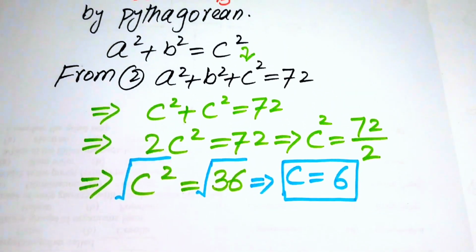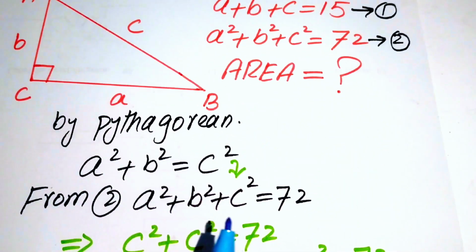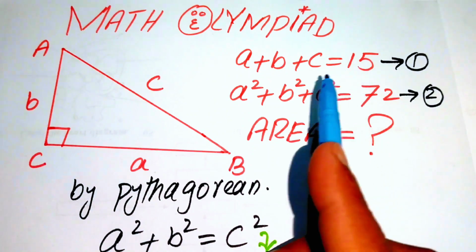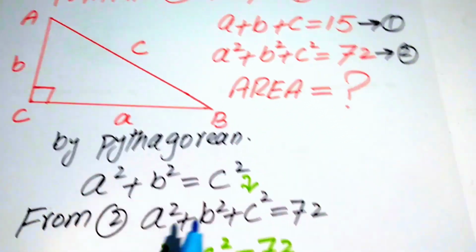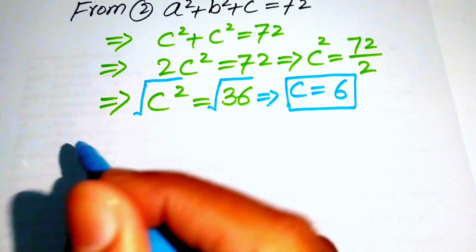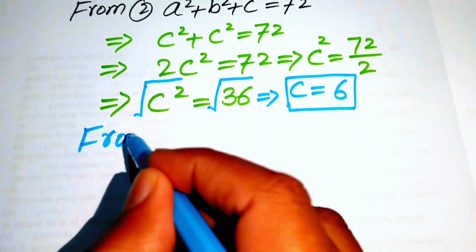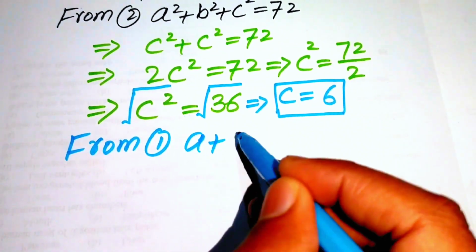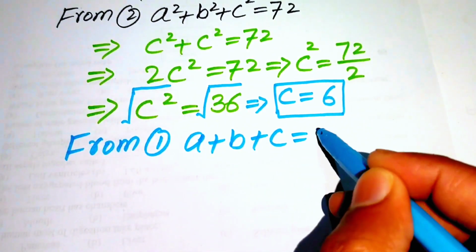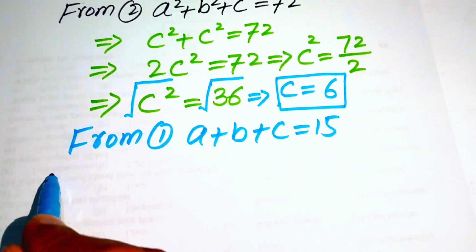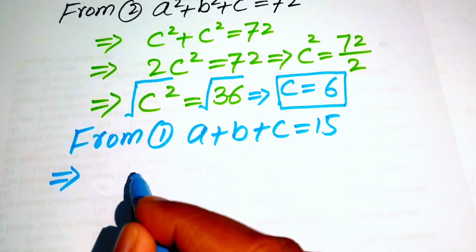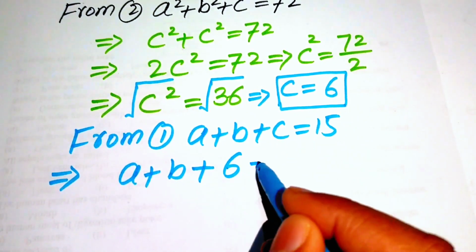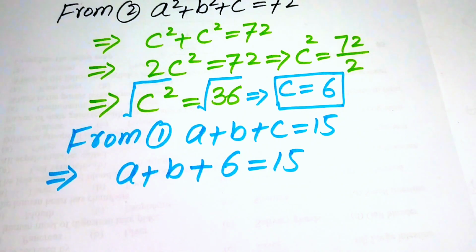In the next step we put the value of c in the equation a plus b plus c equals 15. We get a plus b plus 6 equals 15.